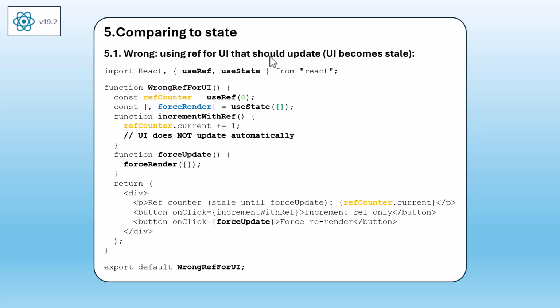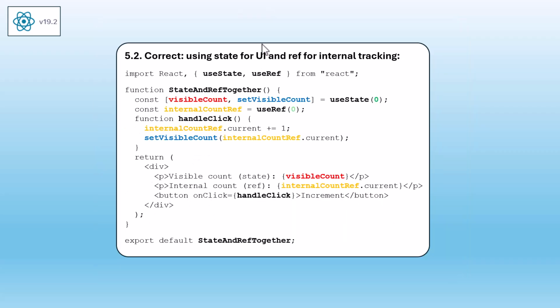Another difference: whereas state is replaced or updated in a controlled way and causes a re-render, a ref is mutable and you can change its current property directly. But because React doesn't see this change in terms of render logic, you must use it carefully.